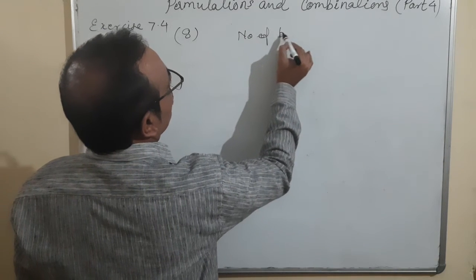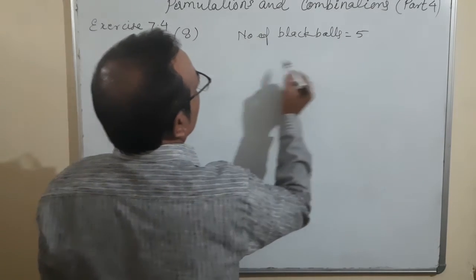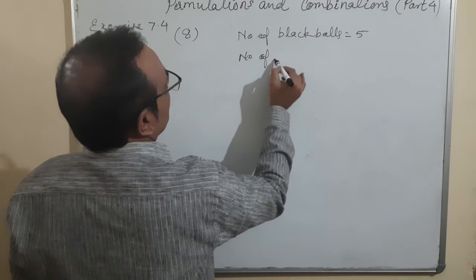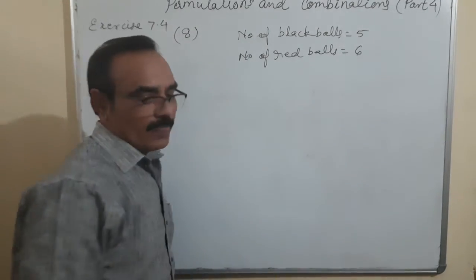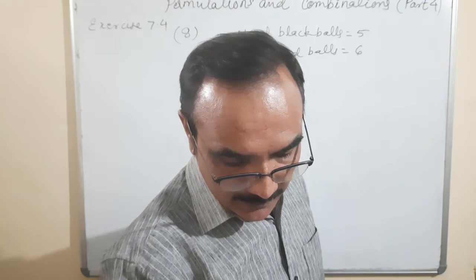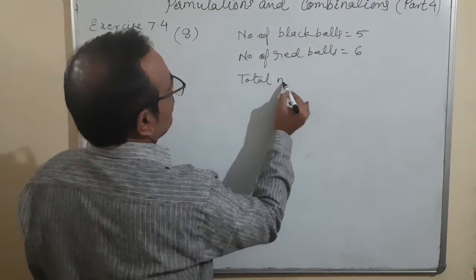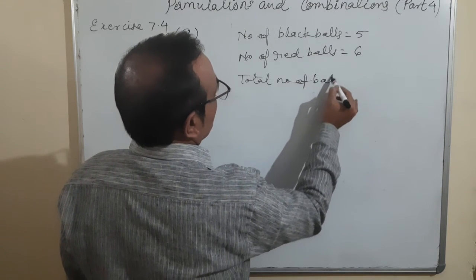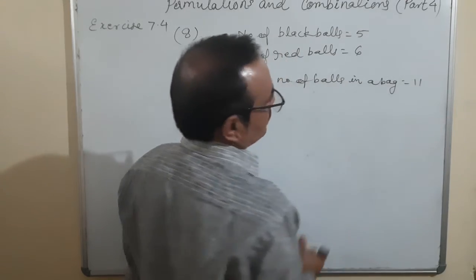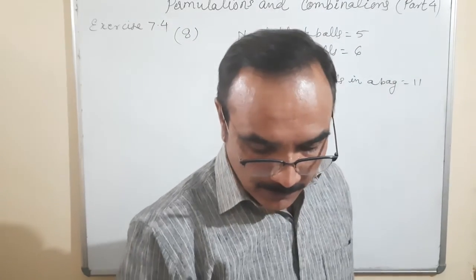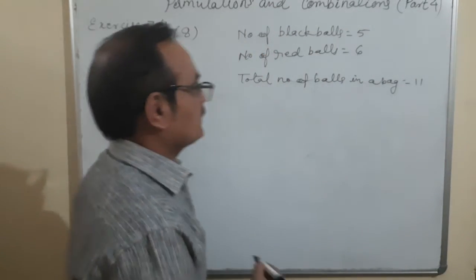Number of black balls 5, number of red balls 6. Total number of balls in the bag is equal to 11. The question is, in how many ways can 2 black and 3 red balls be selected?